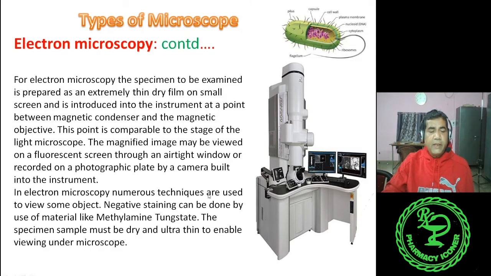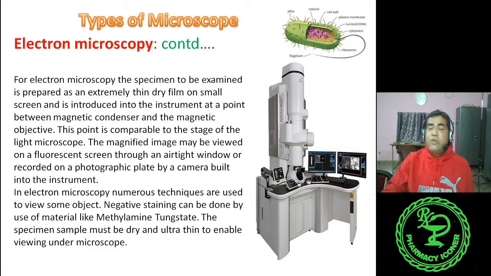In electron microscopy, numerous techniques are used to view objects. Negative staining can be done by use of material like methylamine tungsten. The specimen sample must be dry and ultra thin to enable viewing under the microscope. So, two things we must take care of.